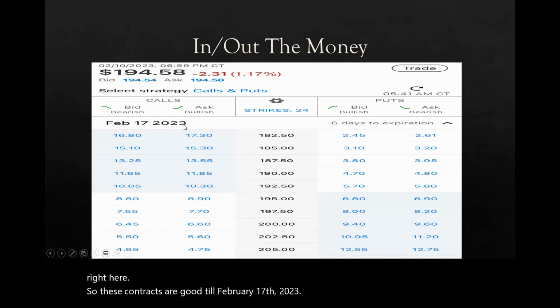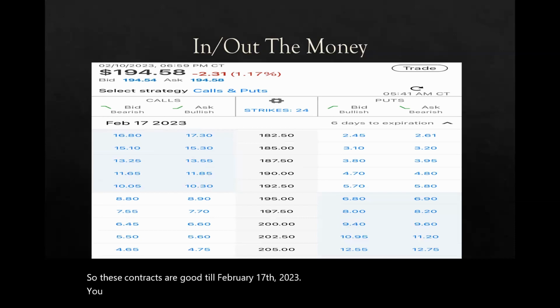So you can buy both. You can buy the call and the put. You most definitely can. Okay, so with that being said, my understanding of what you're saying is the strike price is 182, right? And the buy is 100 shares at $17.30 apiece, so it's $1,730 to buy those 100 shares.